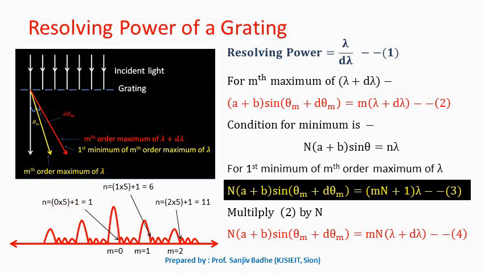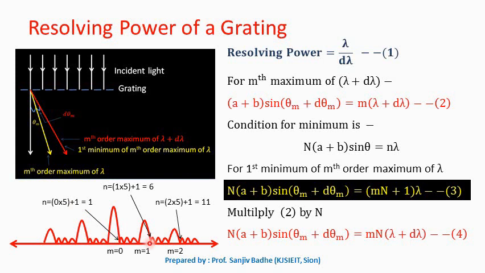plus 1. 5 is the number of lines on the grating in this case, because we can see there are 1, 2, 3, 4 minima between two principal maxima. So that shows capital N, the number of lines on the grating, is 5.